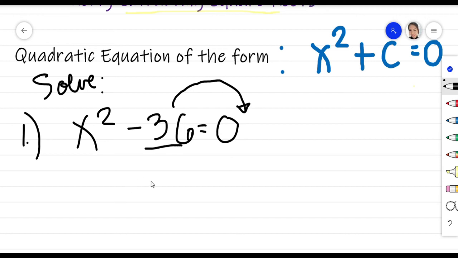So it becomes x squared equals, we will not write the 0 anymore, but we will transfer negative 36 so it becomes positive 36. So again, what we did, we just transferred negative 36 to the other side and then it becomes positive 36 now.